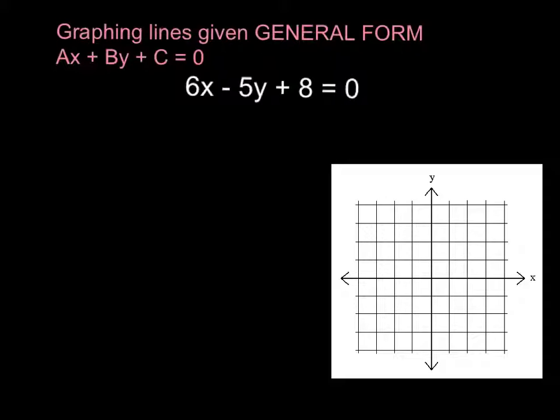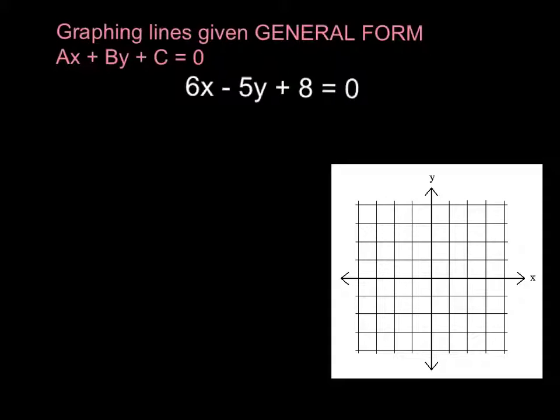Now, what does this all mean? How can I graph this? That's the disadvantage of looking at equations in general form. They're great for other applications, but specifically for graphing, we have to do a little bit of work in order to get it in a nice form that we can easily graph.